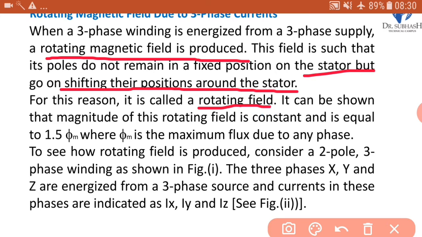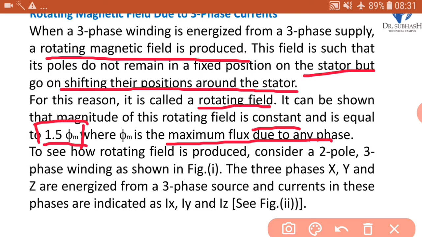It can be shown that the magnitude of this rotating field is constant and is equal to 1.5 phi m, where phi m is the maximum flux due to any phase. So this is the fact that the magnitude will be constant and its value is 1.5 phi m.